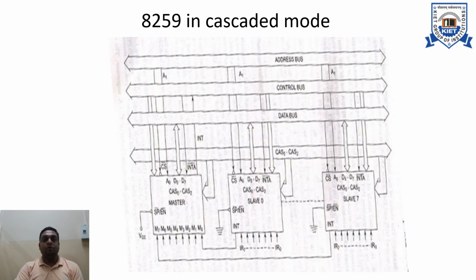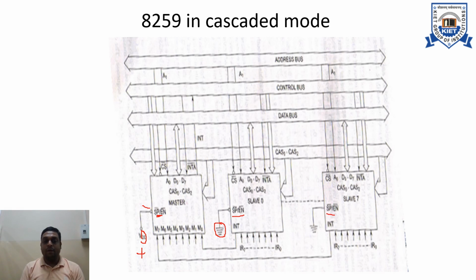Now this is the 8259 in cascading mode. Here the 8259 whose SPEN bar pin is connected with VCC, positive 5 volt, will act as master. The others whose SPEN pins are connected with ground will act as slaves.